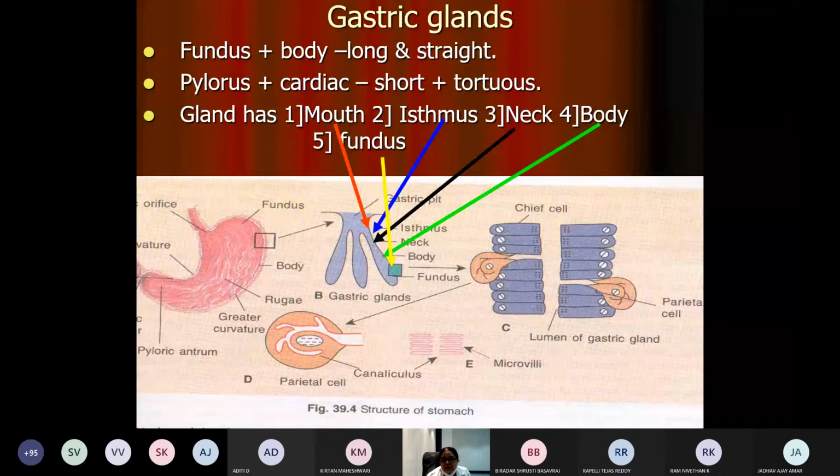Gland has mouth, isthmus, neck, body, fundus. In the arrow mark you can see mouth with red color marking, isthmus with blue color, neck with black color, body with green, fundus with yellow color.